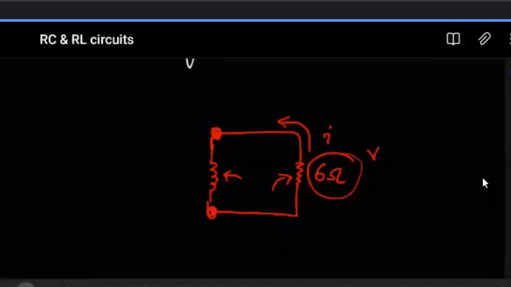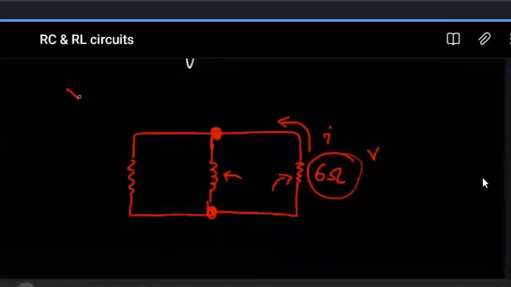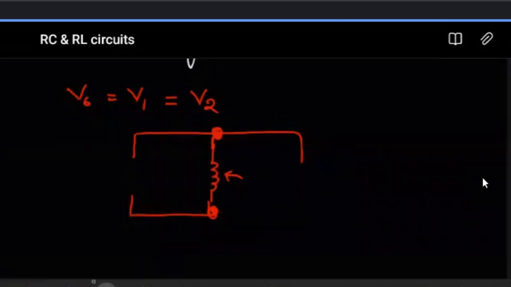When the second inductor is connected also in parallel to the other two, this inductor and that resistor, also observe that because they are in parallel, the voltage across the 6 ohm is the same as the voltage across the other inductor, and it will also be the same as the voltage across the second inductor. Again, view them as if they were resistors. Now the voltage drop across the 6 ohm, let's say that is 30 volts.